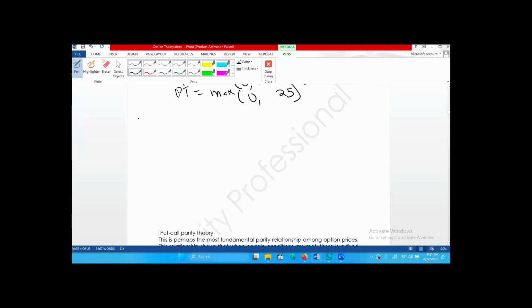In this case, the put option contract, look at it, you have a choice between accepting 0 or making a profit of 25 naira. The put option contract is in the money.